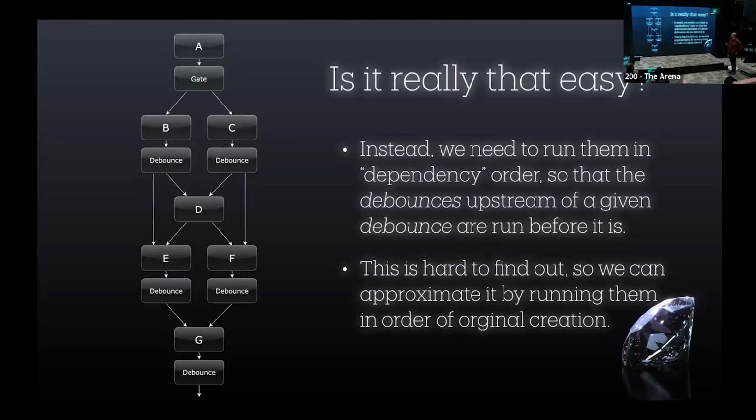In this case, you would number them 1, 2, 3, 4, 5, 6, 7 going downwards, then sort the queue by that number and run them in that order, and then it actually works.